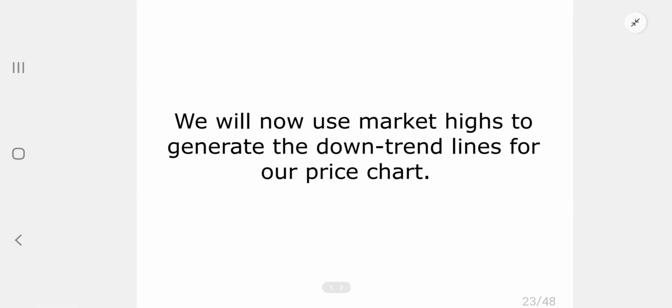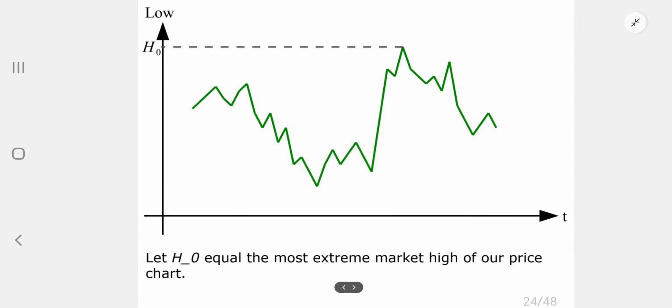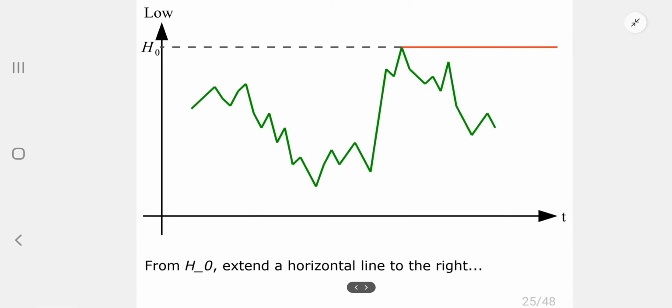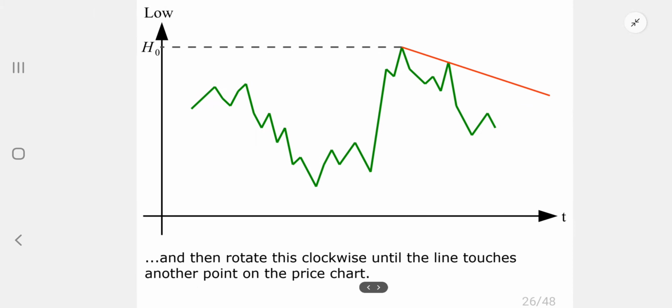We will now use market highs to generate downtrend lines for our price chart. Let H0 equal the most extreme market high of our price chart. From H0, extend a horizontal line to the right and then rotate this clockwise until the line touches another point on the price chart.